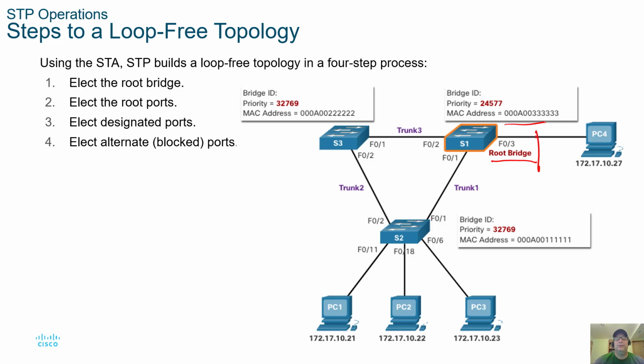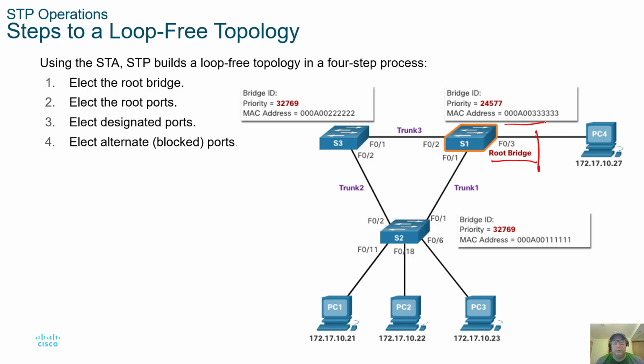Now, the way you can elect the root bridge is as follows. Each switch has its own bridge ID value, which is based on the switch's MAC address. The switch's MAC address is then tied to the priority value, and between those two items, you'll be able to elect your root bridge. Lower values are preferred.